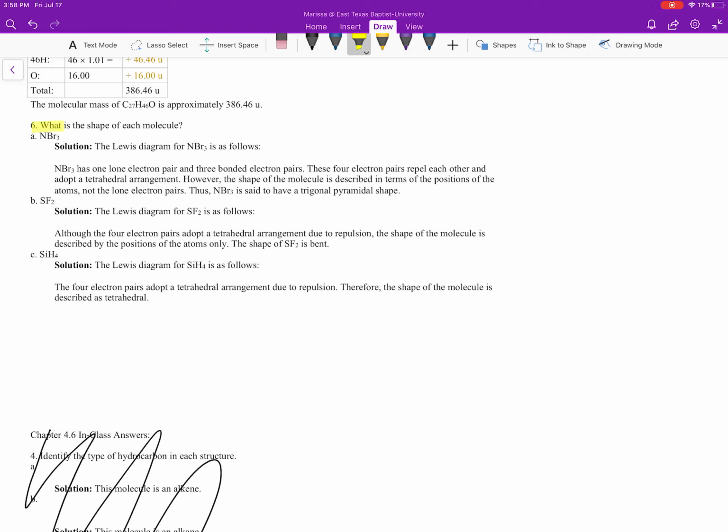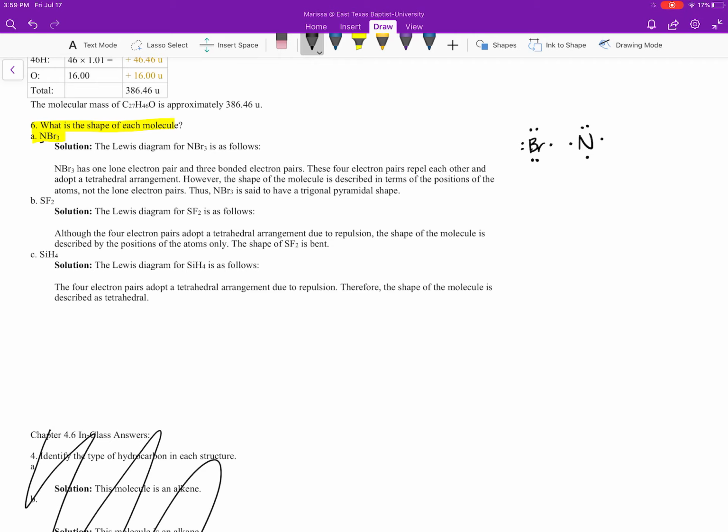We're not going to draw very complicated ones. What you need to remember is that the first element is usually the central element, and we're going to draw its Lewis dot symbol. Remember that the Lewis dot symbol represents the number of valence electrons, and the valence electrons are what participates in bonding.